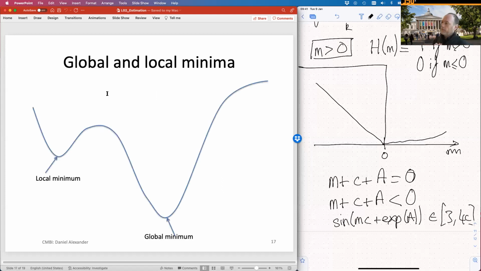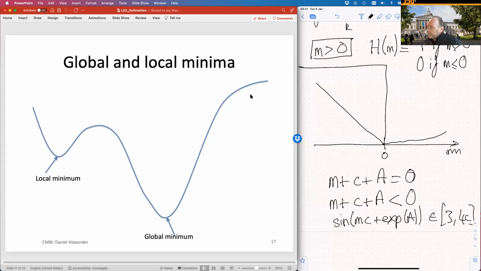So a perennial problem with nonlinear optimization is the issue of global and local minima. Unless you've got a very simple and friendly objective function, you pretty much always run into this problem with nonlinear optimization, which is that if there's more than one minimum in the objective function surface, then the solution that it finds will depend on its starting point.